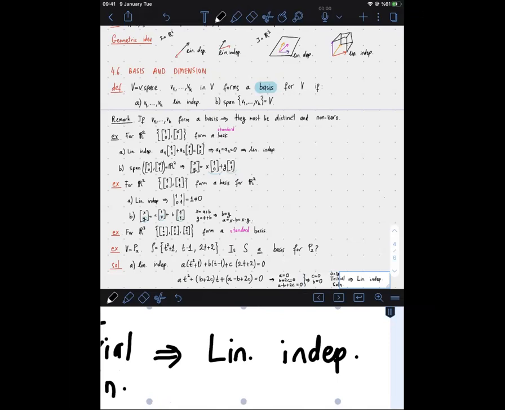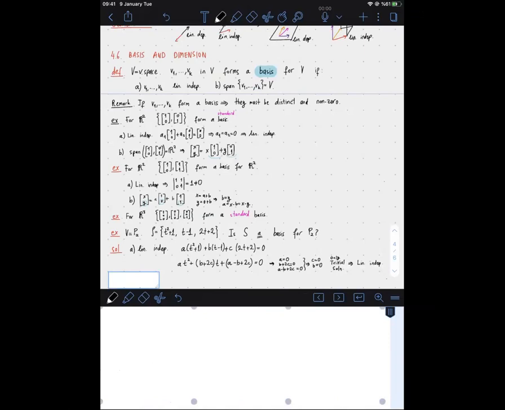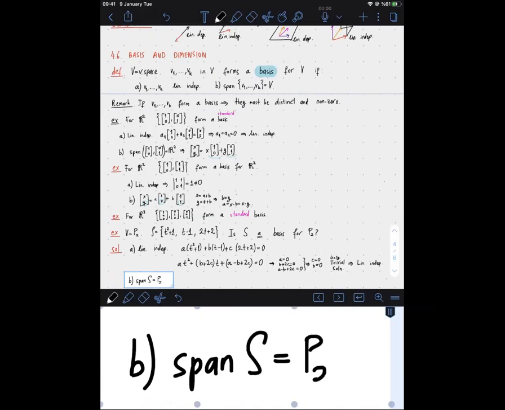Now let's check the problem of span, whether these three vectors span the whole vector space. So what does this mean? This is the question; we don't know it yet.